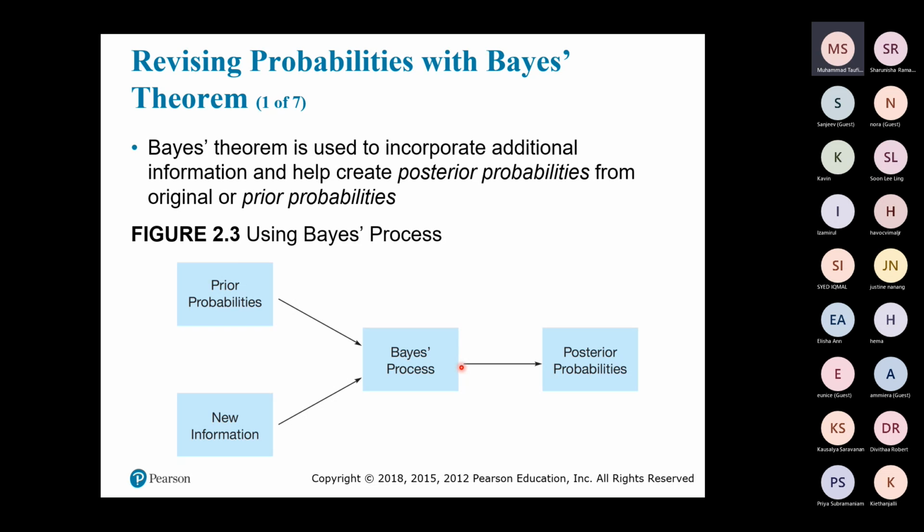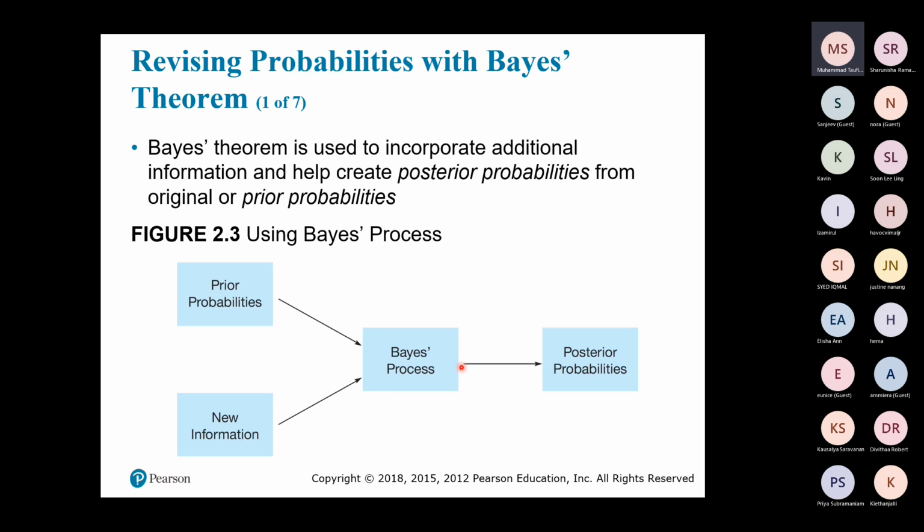From the data from the previous month, there is a 75% chance that you can make 50,000 ringgit of sales in a month.